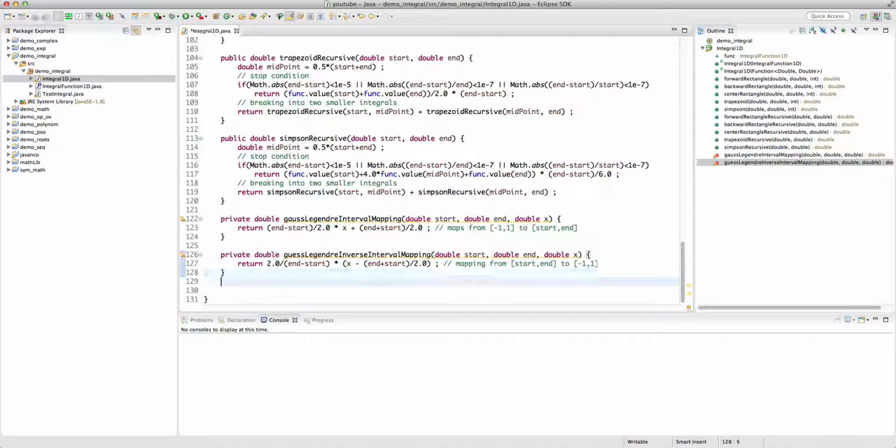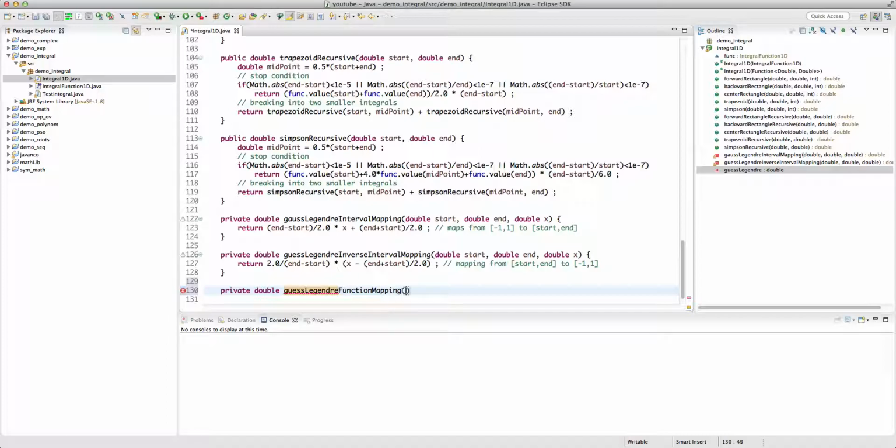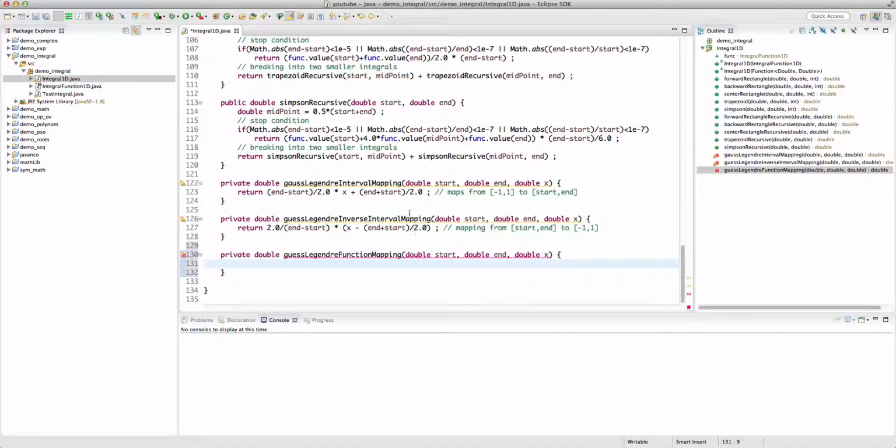And then let's do a private double Gauss-Legendre function mapping, double start, double end, double x. So what we want to do is map the function from the start to end interval to the minus 1 to 1 interval.